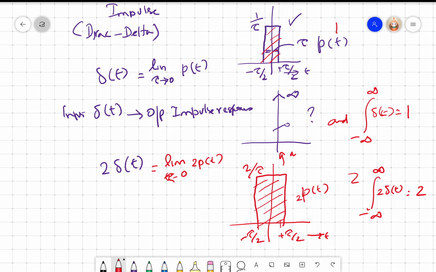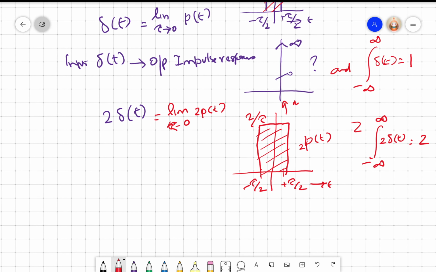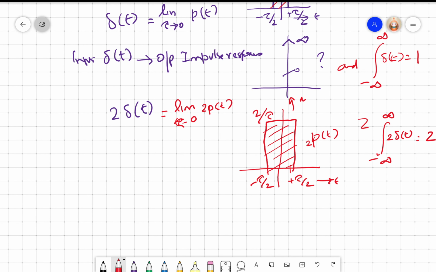So in terms of definition, which is strictly not correct, I repeat once again, this is really not mathematically correct, but many times we do this approximation. I can say del of t equals infinity at t equal to 0, and equals 0 when t is not equal to 0, and the integral from minus infinity to plus infinity of del of t equals 1.